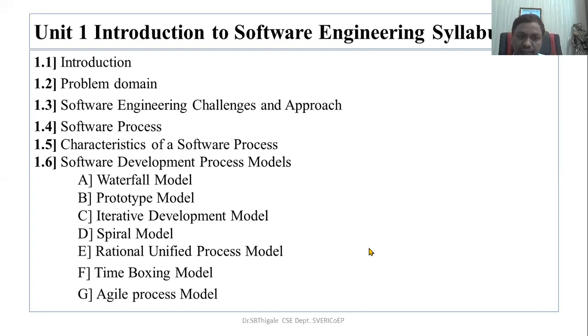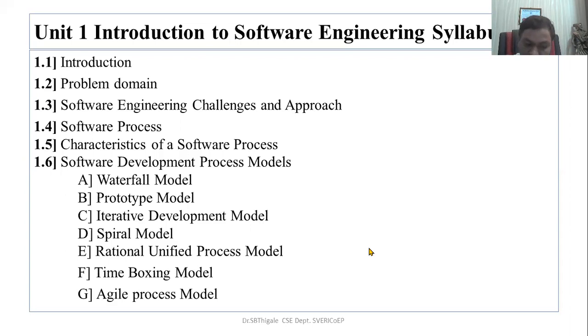Then, while studying software engineering, what are the probable challenges, and how to achieve software engineering through different approaches. That part we discussed as the software engineering approach. Simply, whenever there is a need for software, we need to think about the software development life cycle. We simply call it SDLC.